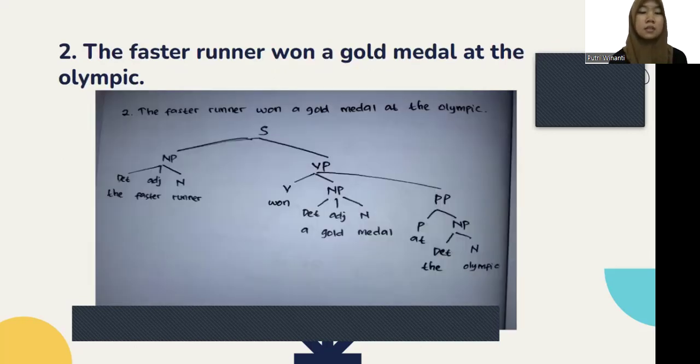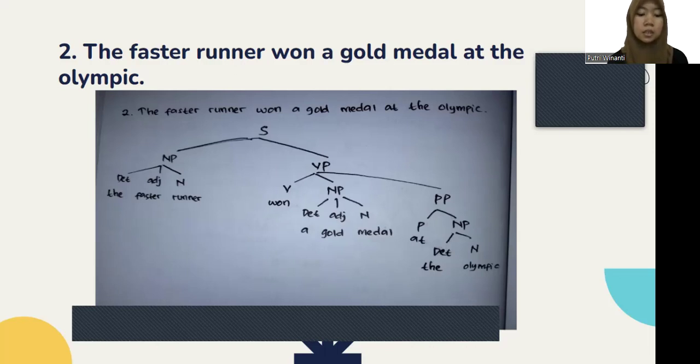Okay. The second sentence is: the faster runner won a gold medal at the Olympics. The sentence is split into noun phrase and verb phrase. The noun phrase is the faster runner. The determiner is the, the adjective is faster, and the noun is runner. The verb phrase is won a gold medal at the Olympics. The verb is won.